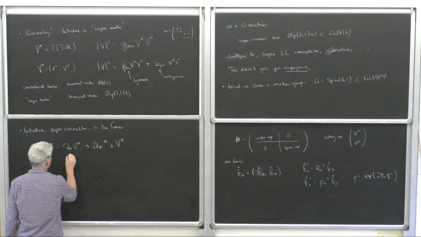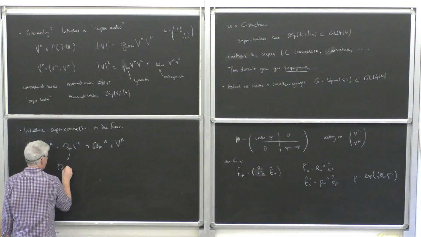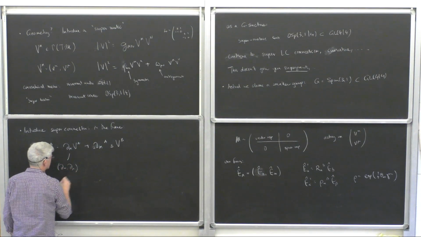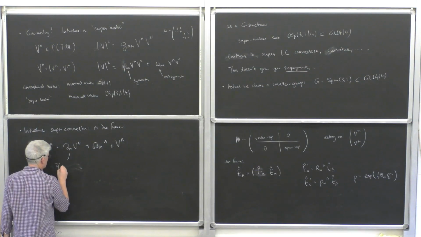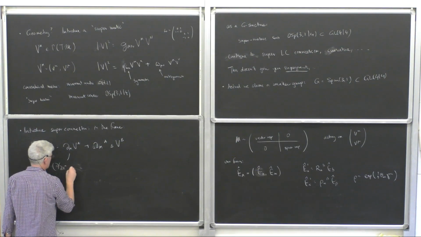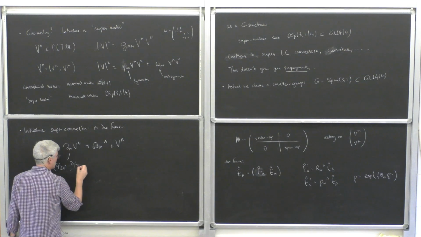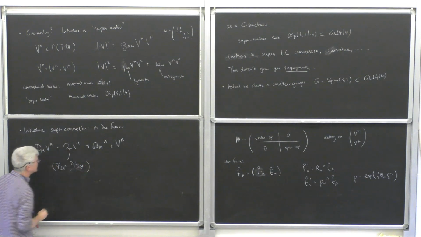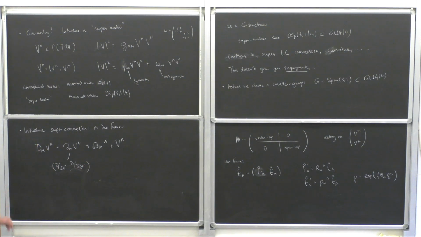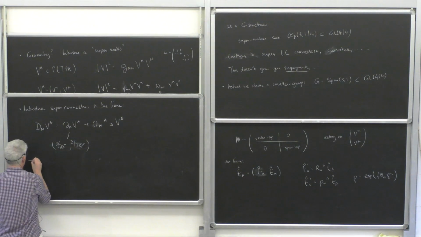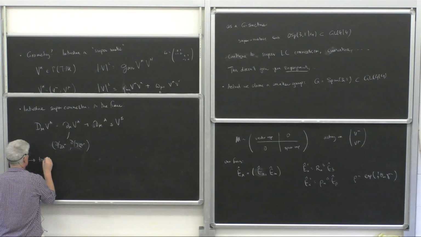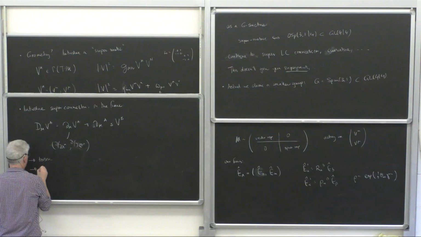And this bit is like a d_m and also a d_mu, right? It takes derivatives along d by dx^m and d by d theta^mu. But I can introduce superconnections in the usual way, and again we can have torsion and we can have curvature.